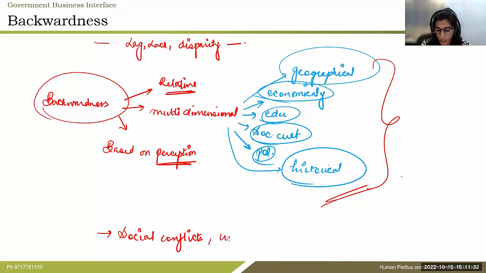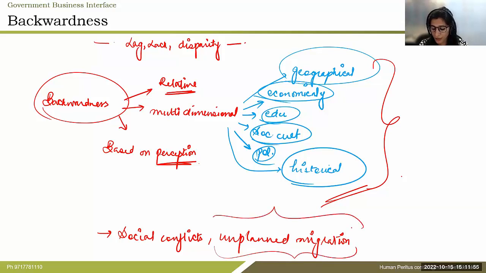This also can lead to unplanned migration. As I have already told you, if I talk about North India, people from Jharkhand and Chhattisgarh, from the backward districts or areas, move to look for employment opportunities in Delhi, Mumbai or other advanced cities. So this can cause unplanned migration.